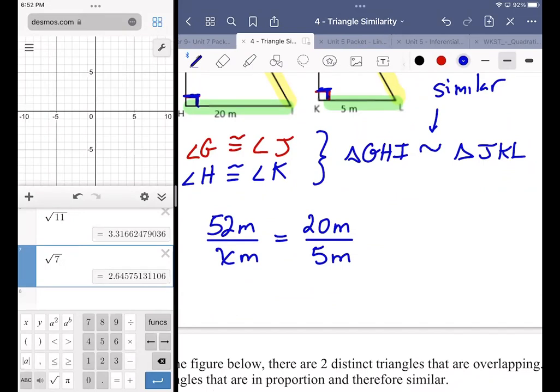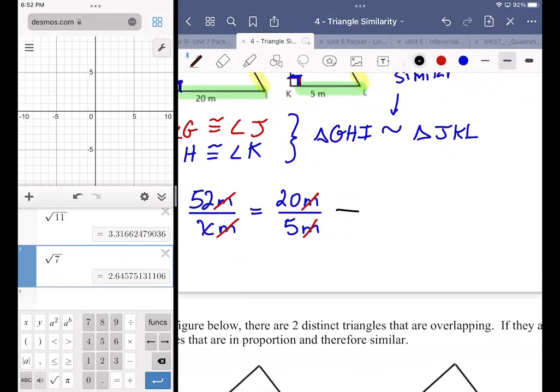Because it's geometry class, we don't want to get bogged down too much with the algebra, but we can swap and we can group. So even before I swap, M divided by M goes to 1. They're units, but it's still treated like a variable. M divided by M goes to 1. So it makes it a pure ratio. 52 over X would be 20 over 5.